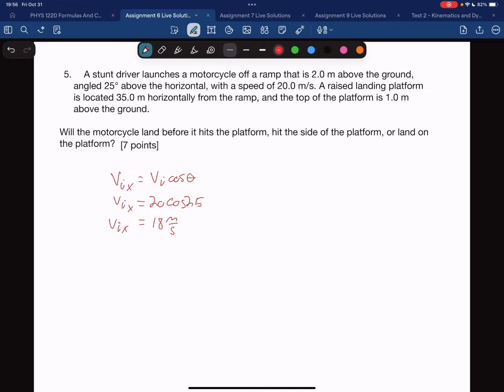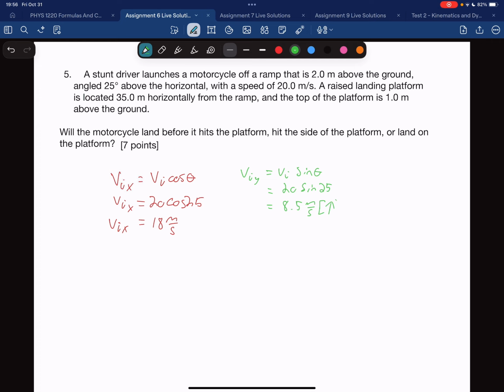VIY is equal to VI sine theta, 20 sine 25. Let's call this about 8.5 meters per second.